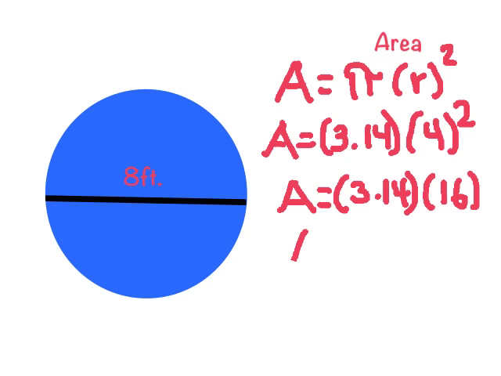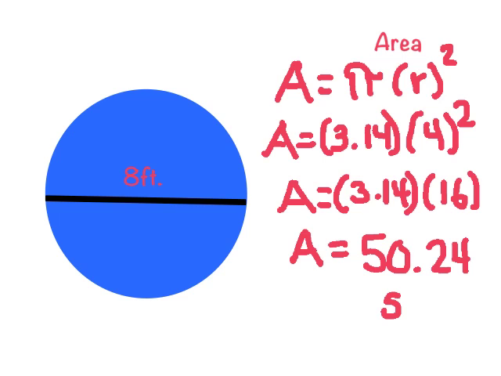Now I can multiply 3.14 times 16, and when I do that, I'm going to end up with 50 and 24 hundredths. Remember, all area is in square units, so it's square feet. So again, if I want to find the area of a circle, I take pi times the radius of that circle, but before I multiply, I have to square the radius.